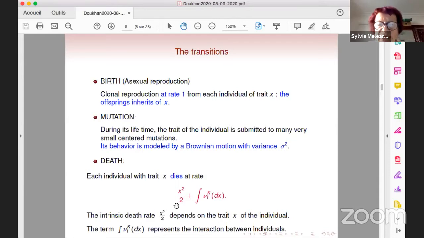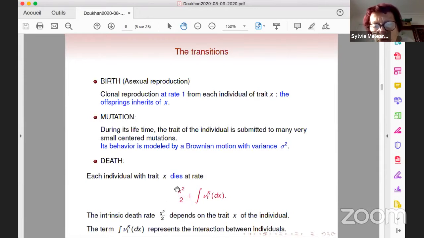Okay, because the growth rate will be maximal at 0. But now, and that was the point of view, in fact, I think introduced in the 1920s by Fisher to describe the evolution by an optimal trait.